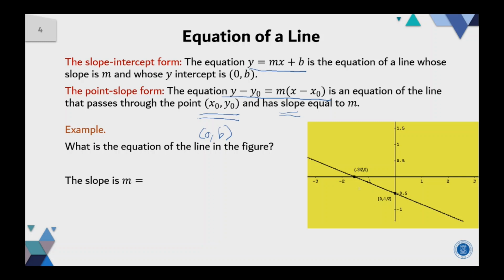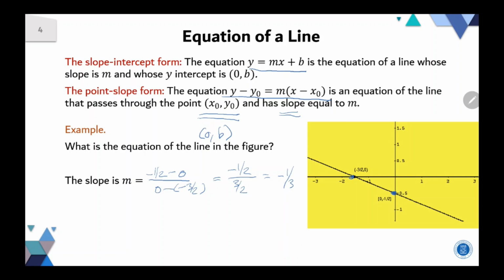So if we say this is the first point and this is the second point, the difference in the x direction is the second point, 0, minus the x here, which is minus 3 over 2. So here we have minus half over 3 over 2.